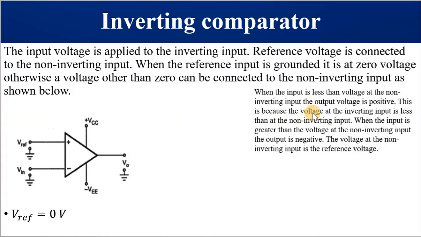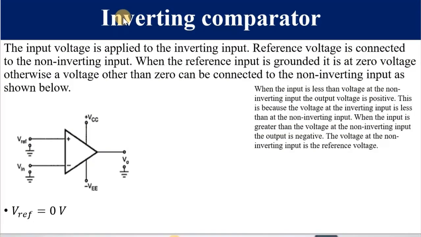Because the voltage at the inverting input is less than that at the non-inverting input. And when V in is greater than Vref, then the output is negative. The voltage at the non-inverting input is the reference voltage, as alluded to earlier. So please take note of the operation of the inverting comparator as well as the non-inverting comparator.